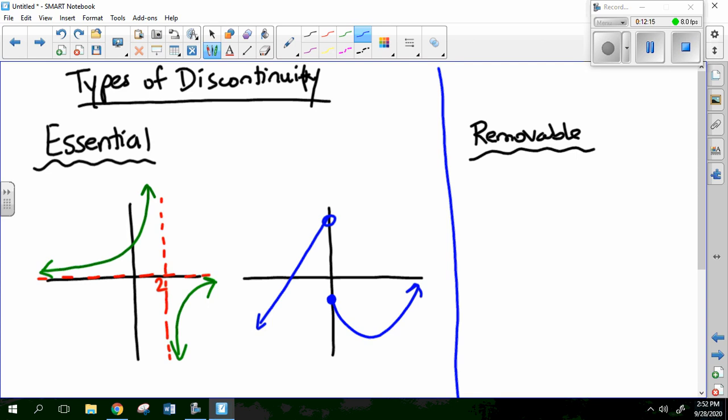This first one is not continuous at x equals 2 because of the vertical asymptote. And if it has a vertical asymptote, that's called infinite discontinuity.